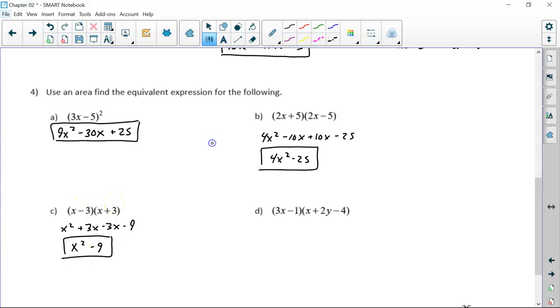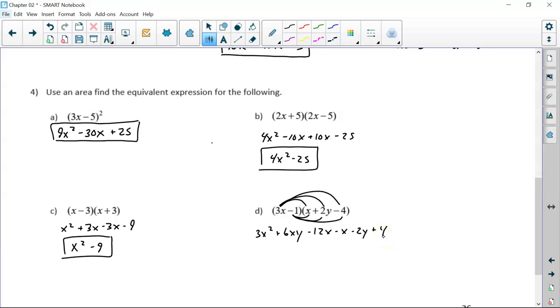And now for part D, we're just going to multiply by distributing the 3x and then distributing the negative 1. So we get 3x² + 6xy - 12x. And when we distribute the negative 1, we get minus x minus 2y and then plus 4.